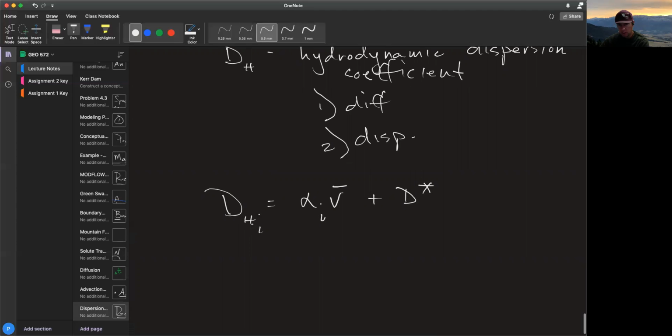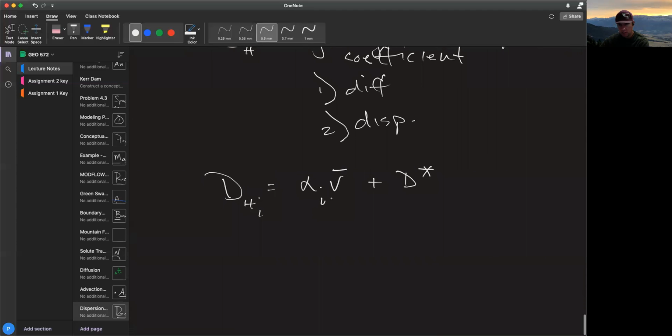So D_Hi, because it has this dispersivity, which is directionally dependent, is a tensor. It has the same terms as the mechanical dispersion, but it includes both dispersion and diffusion.